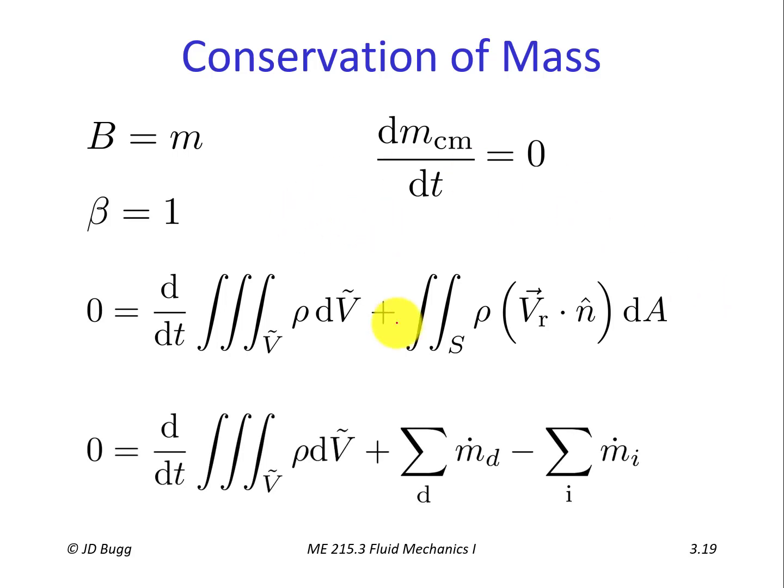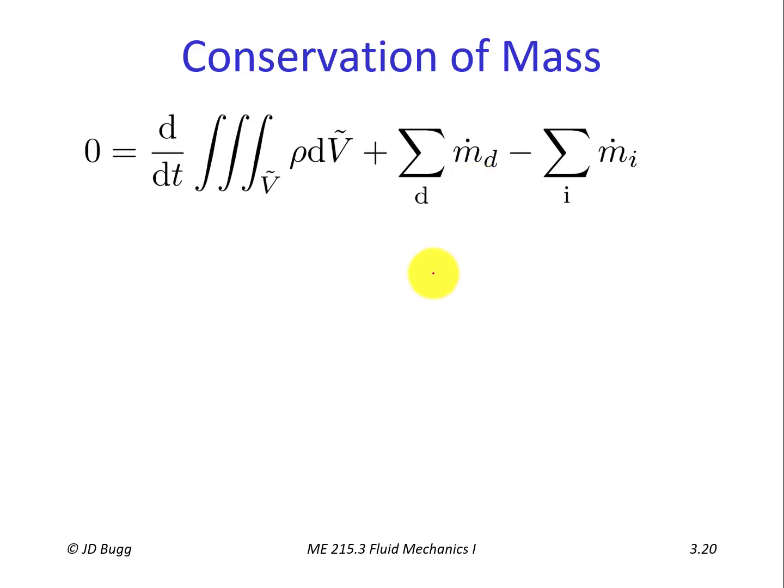Notice the surface integral is replaced by a summation over the discharges of m dot for each discharge times beta, but remember beta is equal to 1 for conservation of mass, minus summation over the inlets of the mass flow rate at each inlet. So that's our uniform version of conservation of mass.